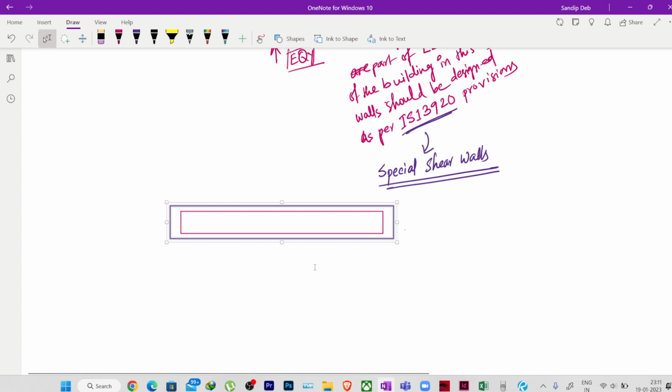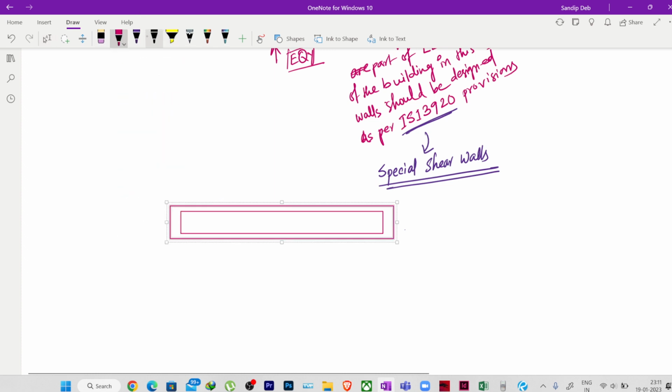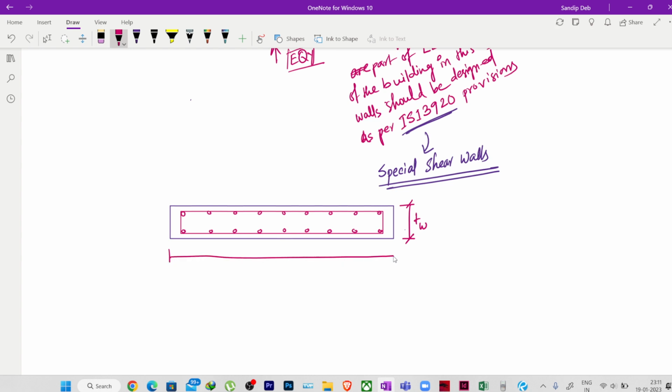Okay, let us consider like this, and we'll be providing the reinforcement like this. Fine. So this is the thickness of the wall, TW, and this is the length of the wall, LW.